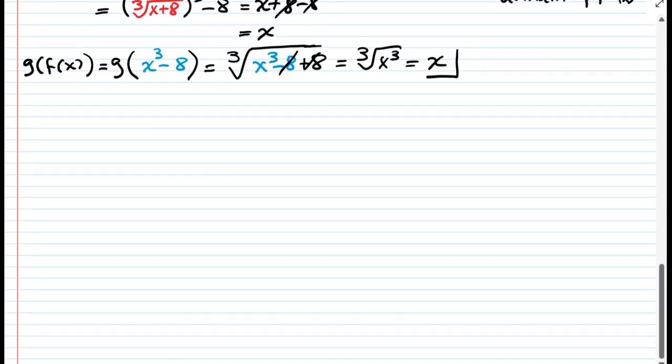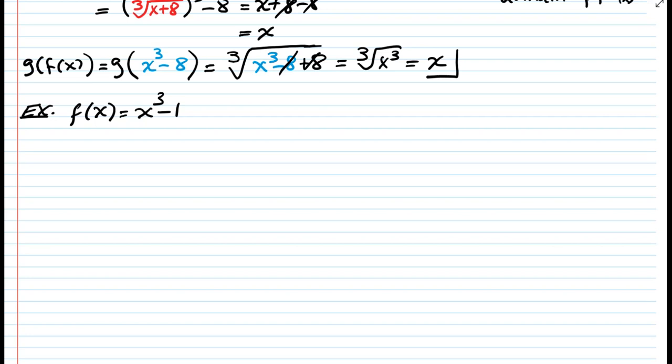Okay. Now the fact that you get the identity function when you change the order of composition translates into something interesting in terms of the graph of a function and its inverse. So let's take a look at this next example. Okay, so suppose I make up a function x cubed minus 1.